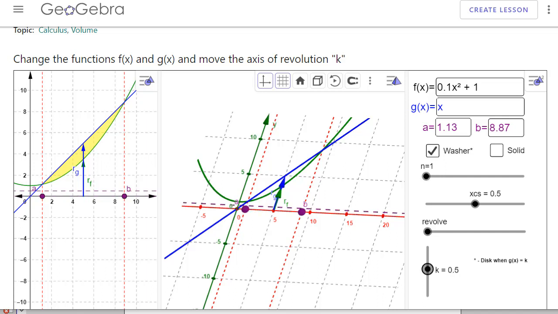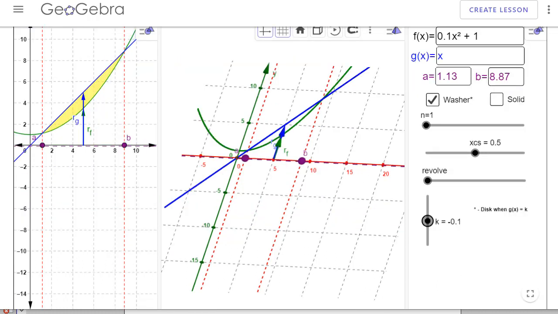Same with k, it can be any value. This is the axis of revolution that's being used. I'm going to try to keep it at 0 so that it's the x-axis for now. If we start to revolve it, we can see the washer that's being created here. So that's one washer.